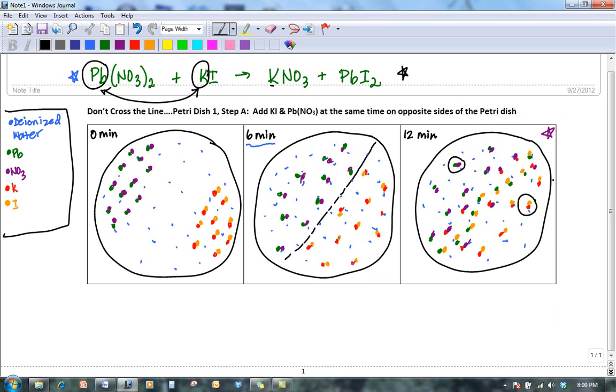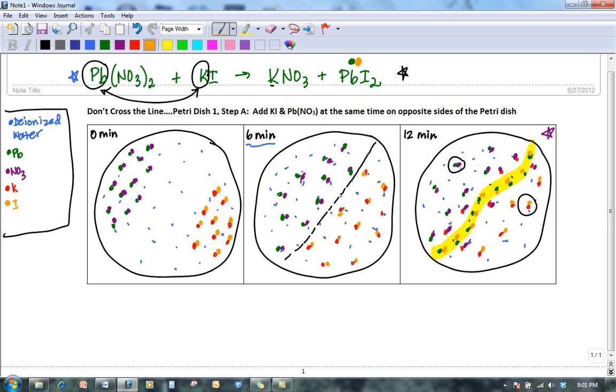The actual yellow line is created by the lead iodide, which is represented by a green and an orange dot. So wherever you see the green and the orange, and I'm going to highlight that with yellow here, that was the yellow line that you actually saw in the middle of your Petri dish.